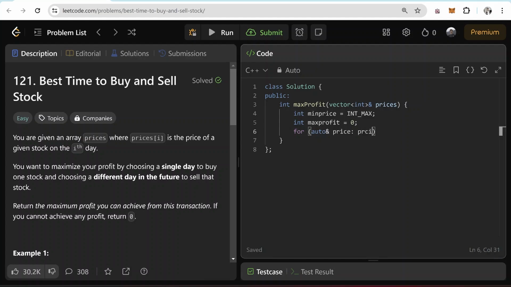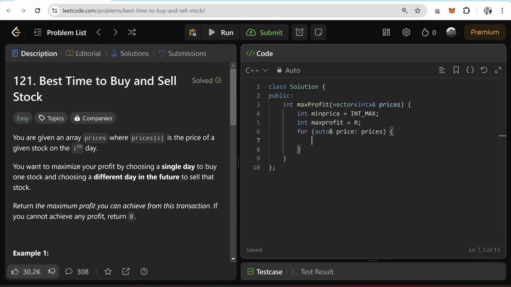So for auto price in prices, what do I want to do? If price, which is the current price, minus the min price is greater than the max profit, I would change this to price minus min price.